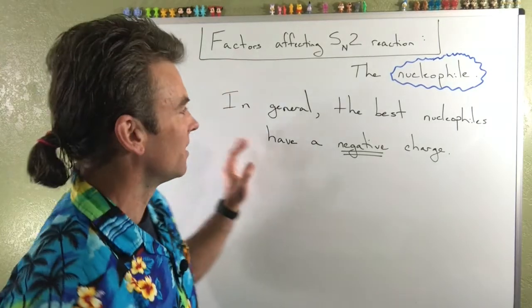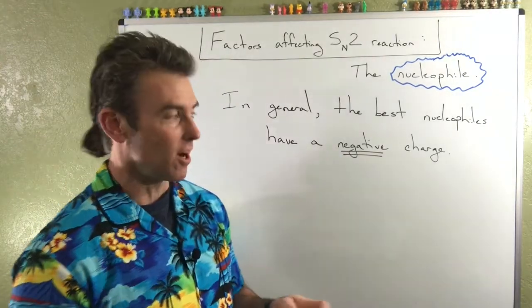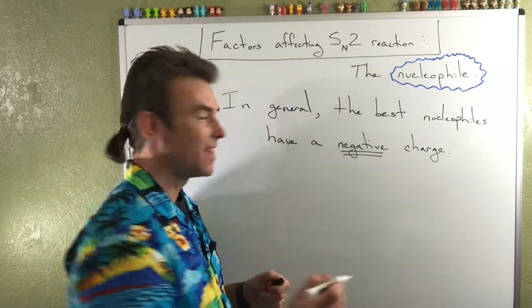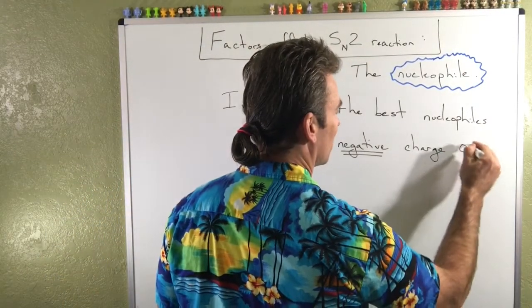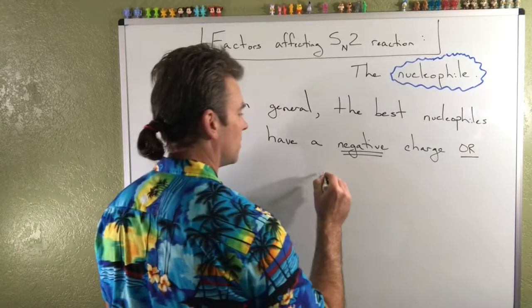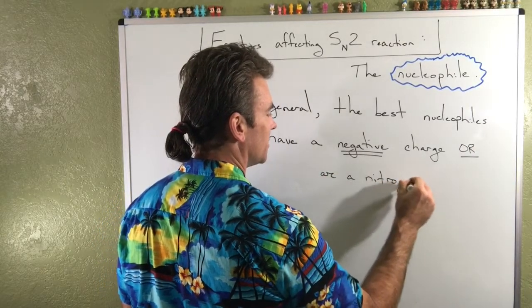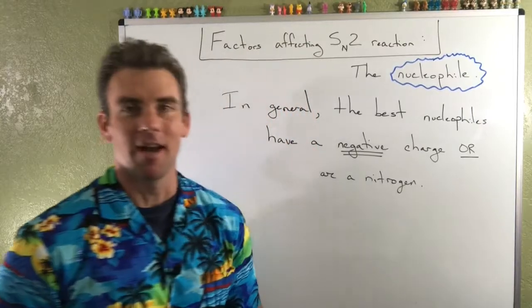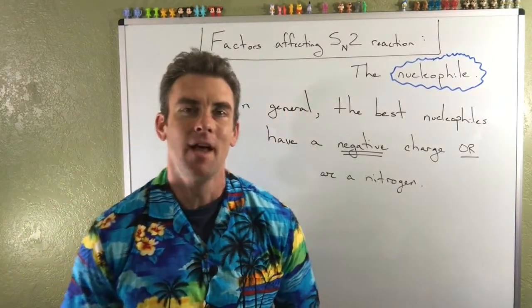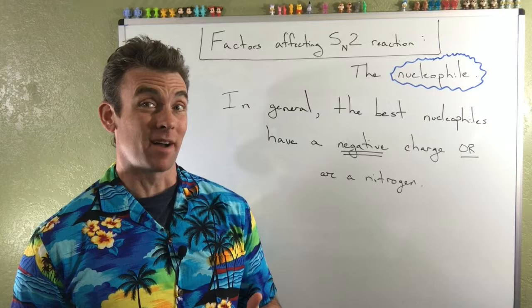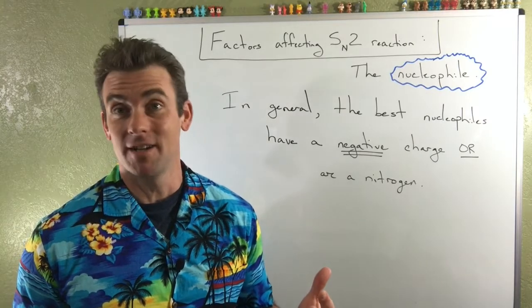So it turns out that the best nucleophiles have a negative charge, and I'm already going to amend this and say, or are a nitrogen. And technically I should say anything in the pnictogen family, right? Nitrogen, phosphorus, things like that.